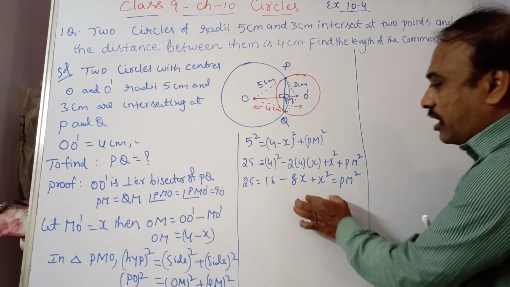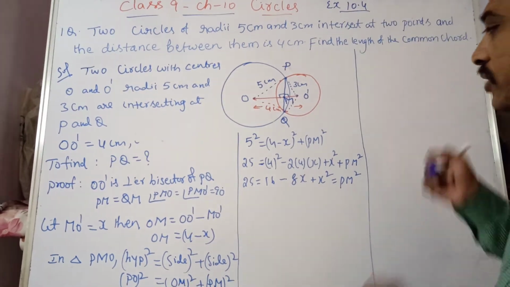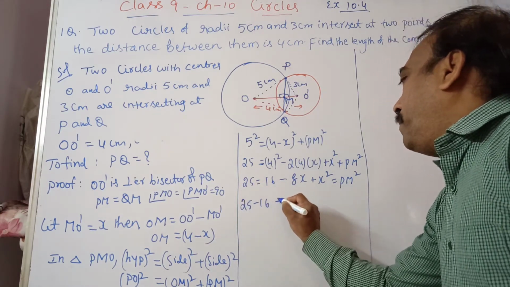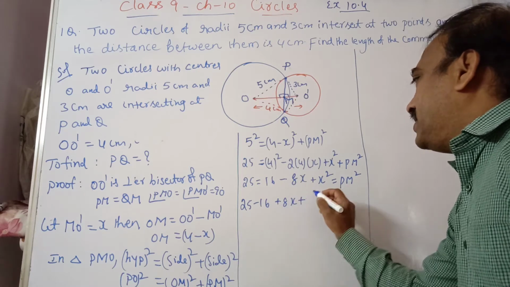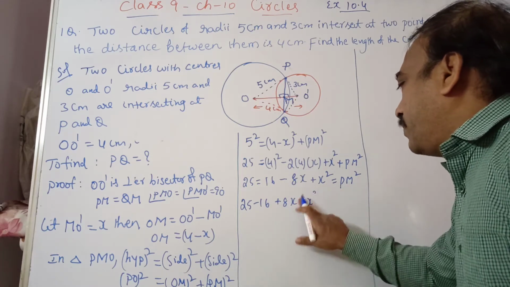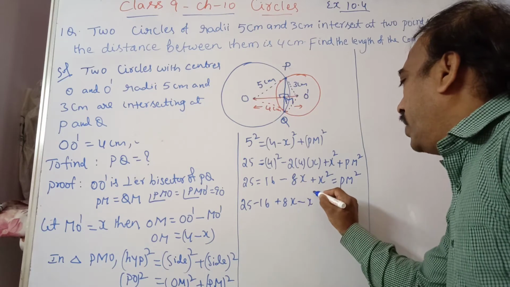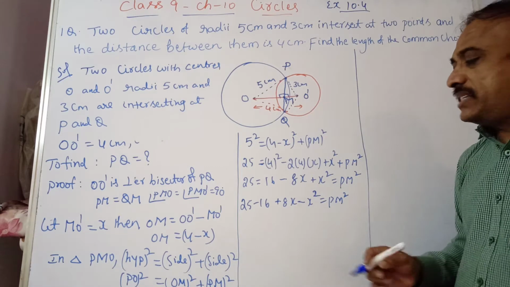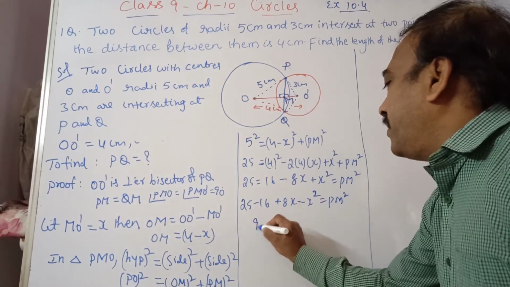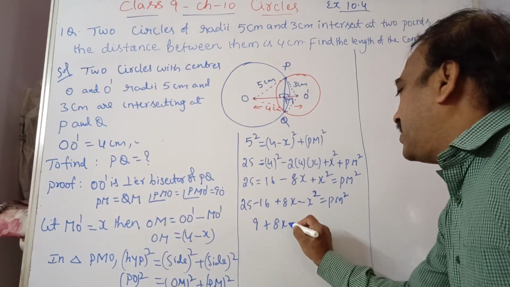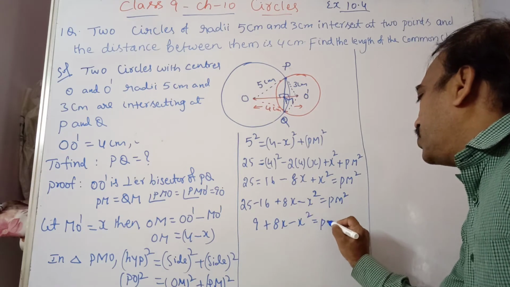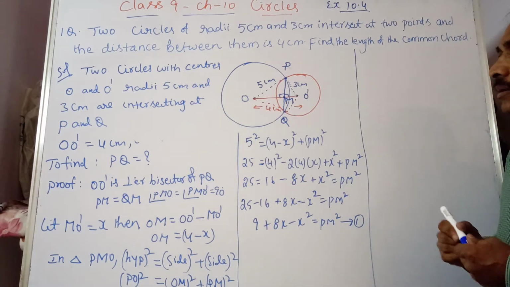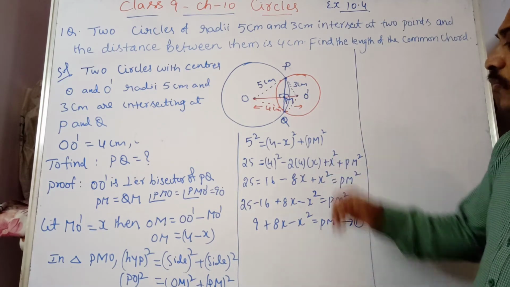Transpose all the values to one side, then you get 25 minus 16 plus 8x minus x square is equal to PM square. 25 minus 16 is 9, so 9 plus 8x minus x square is equal to PM square. Let us call this equation 1.